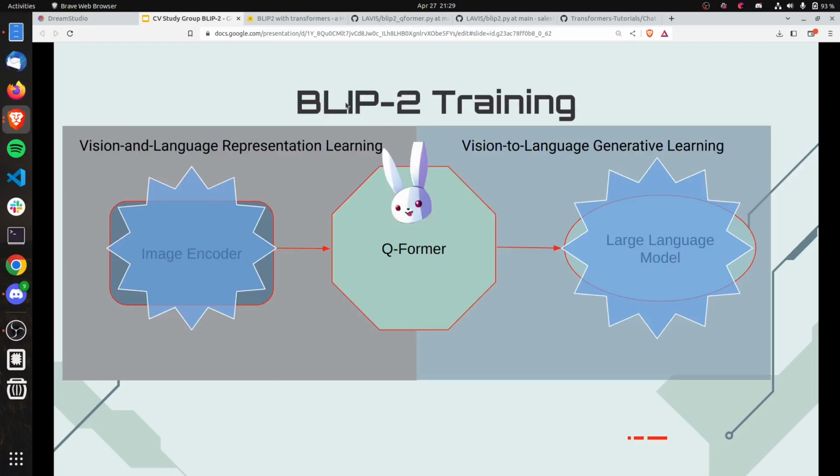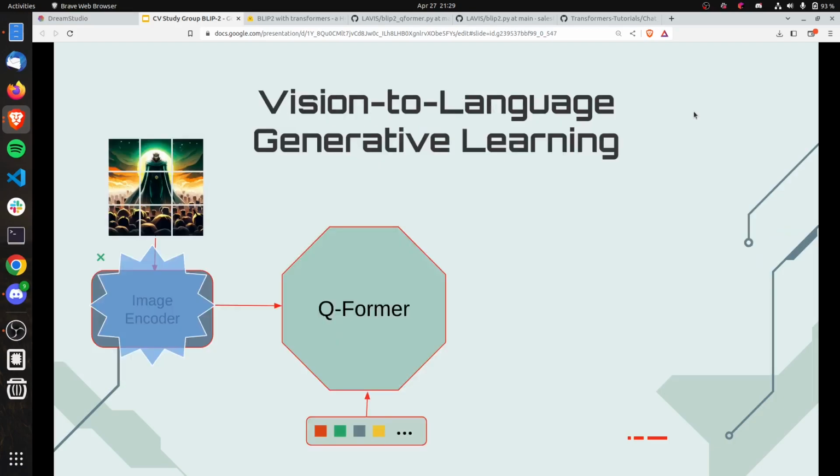Right, so now we've covered this side. Now we've got the other side, the vision to language generative learning, which I also cover really shortly, as they do in the paper. So now we've got our image encoder, right? Put in text. We've got our query tokens here. We get our query tokens out.